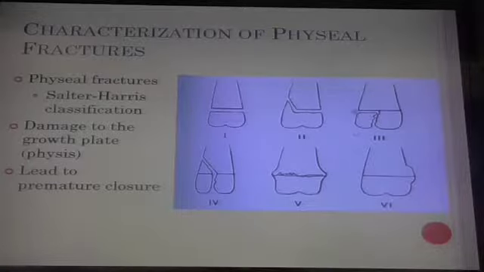A Salter 3 is a physeal fracture that goes through the epiphysis. That's a 3. And then a 4 is a 3 and a friend, which is the metaphysis.